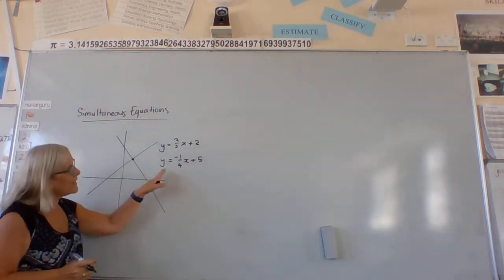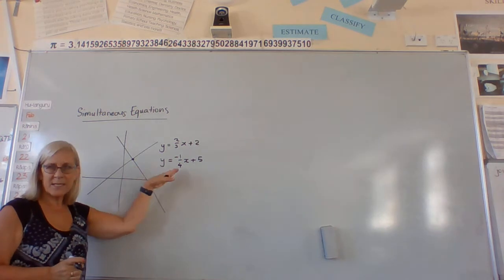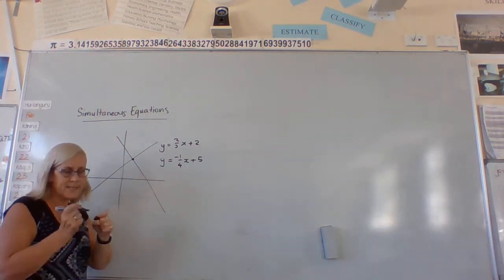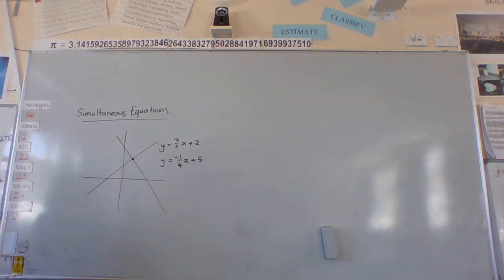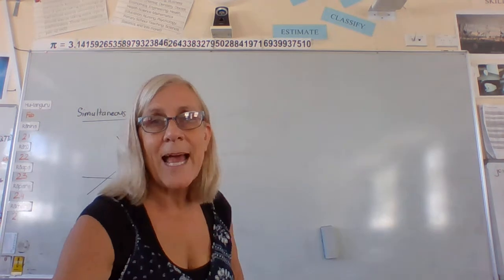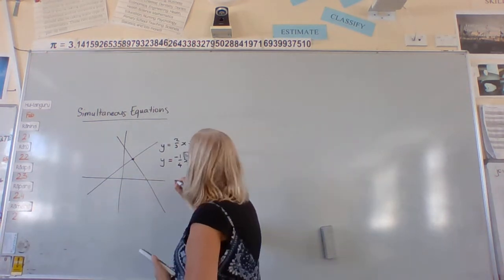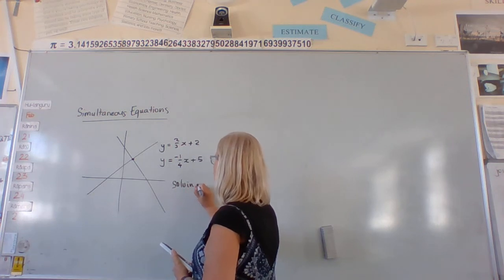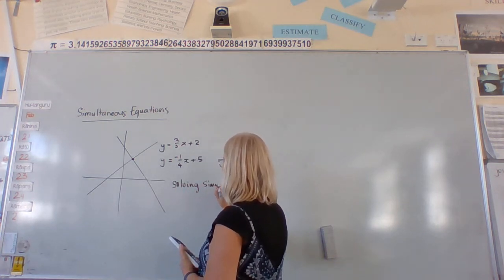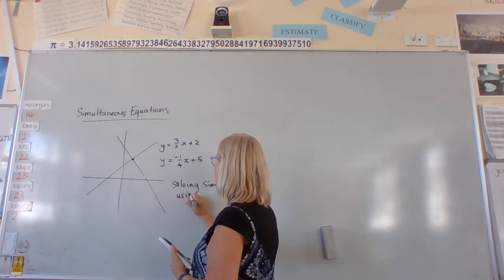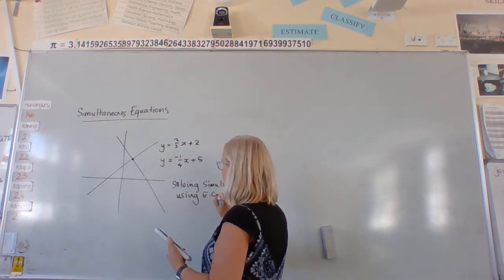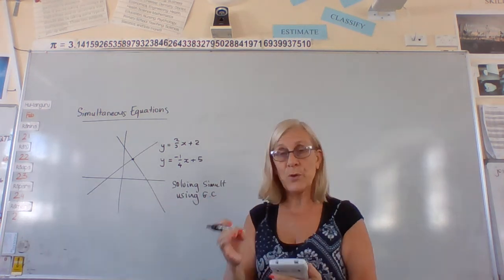In this particular case, because it's written in the y equals mx plus c mode, it's easiest to use your graphics calculator. But what you need to say is that you are solving these simultaneously. So you need to actually say, solving these simultaneously using my graphics calculator, okay, so that they know you know what you're doing.